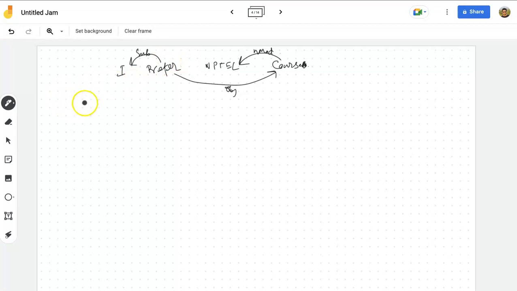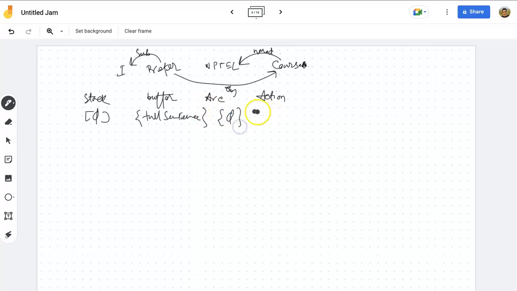In the initial step, this is the stack, this is the buffer, this is the arc, and this is the action. Initially the stack is empty, the buffer is the full sentence, the arc is also empty, and no action is there.